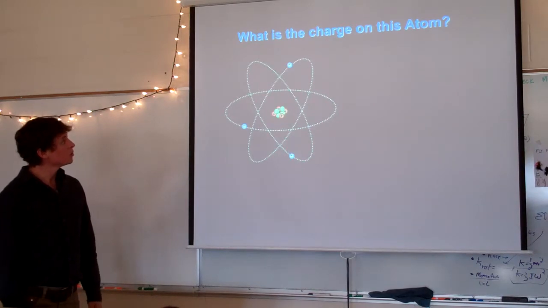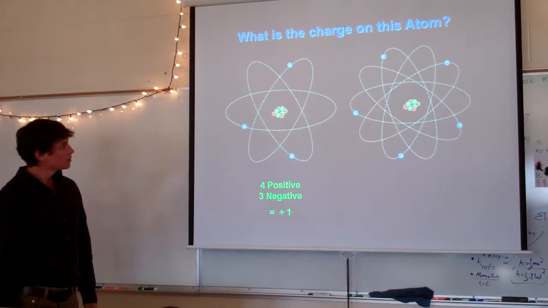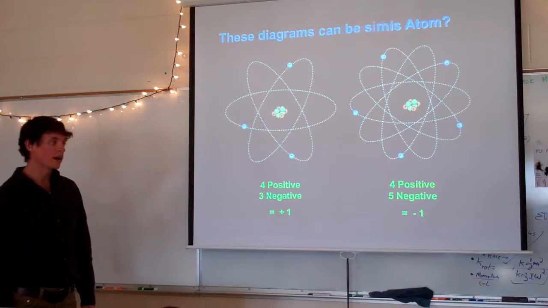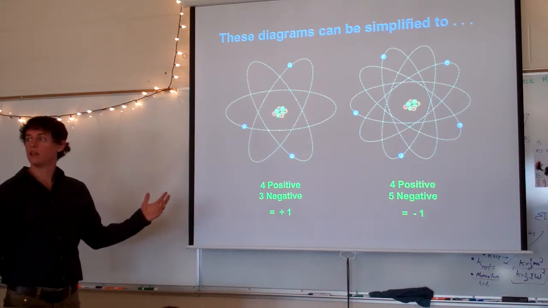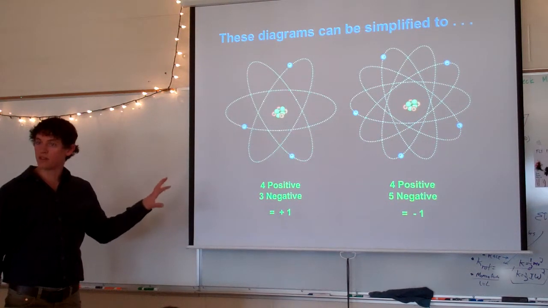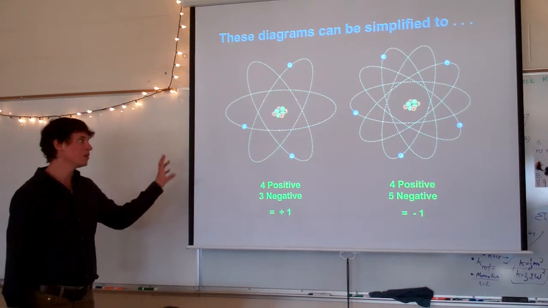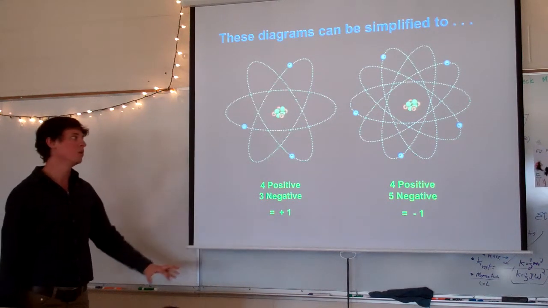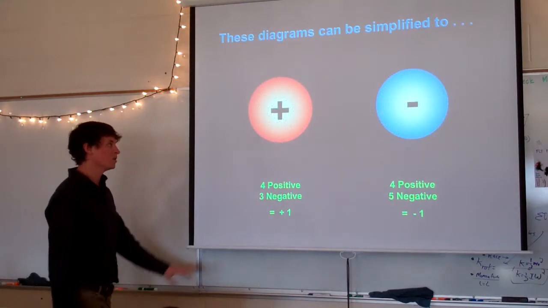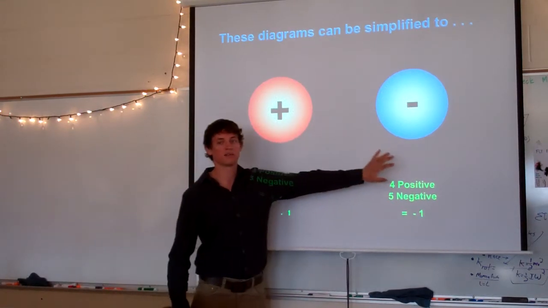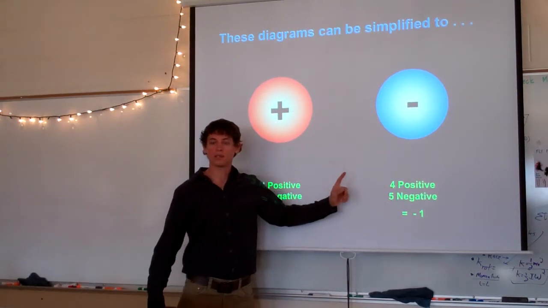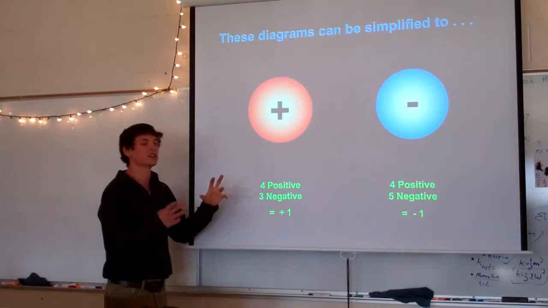All right, so let's say we have these ions here, positive and negative one. What we're going to do, we don't even really care about the whole atom. All we do is simplify them to positive and negative. Okay? Now I wanted to put that up there so you guys saw that, hey, here's what's really going on.